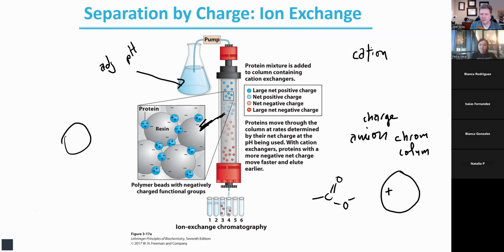In a cation column, I'll write this, a cation column has negative beads. So with a cation column having negatively charged beads, you're going to be attracting positively charged proteins or positively charged amino acids within a protein.